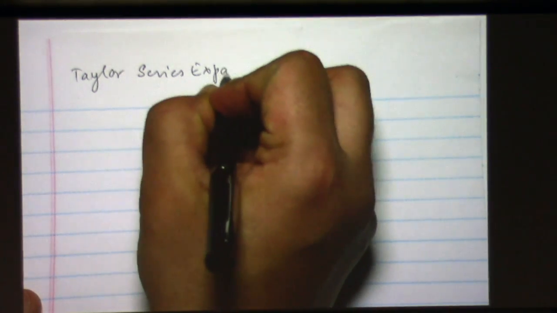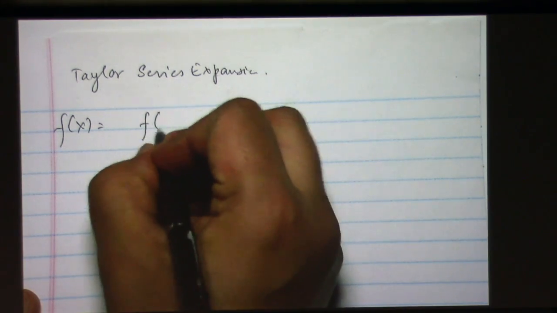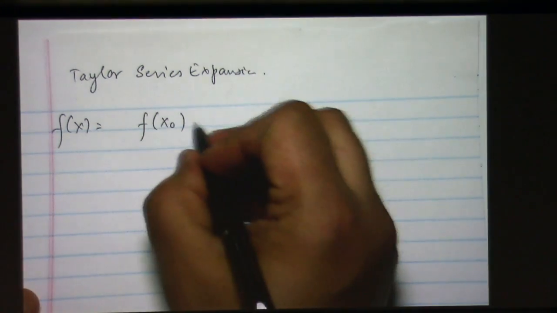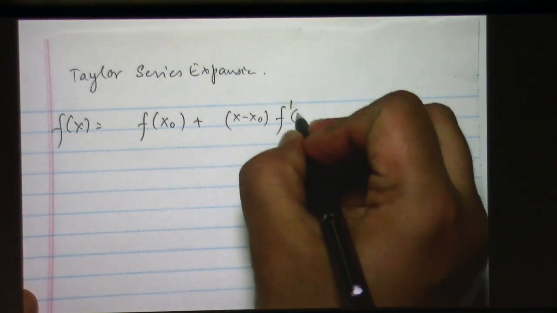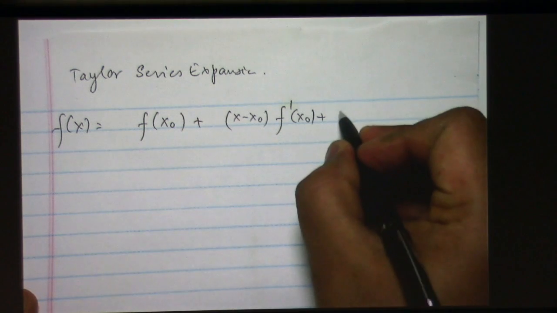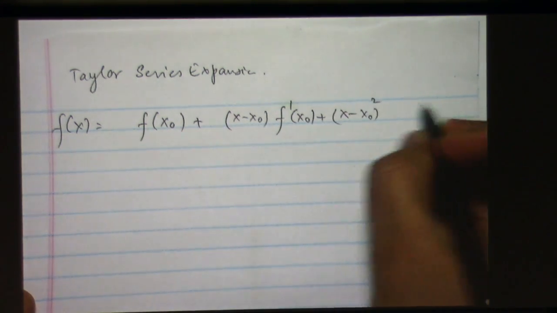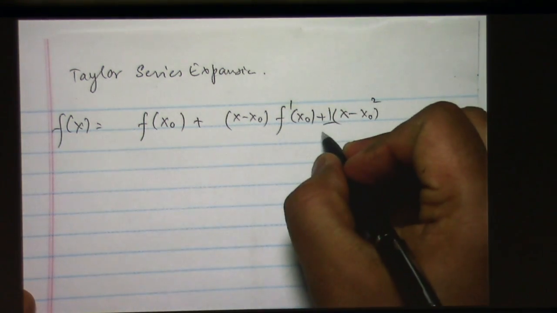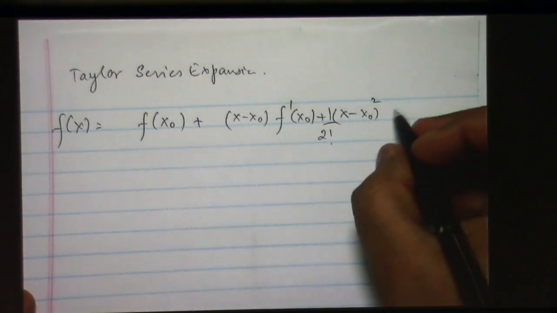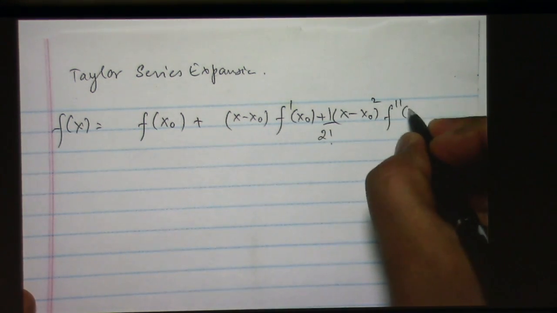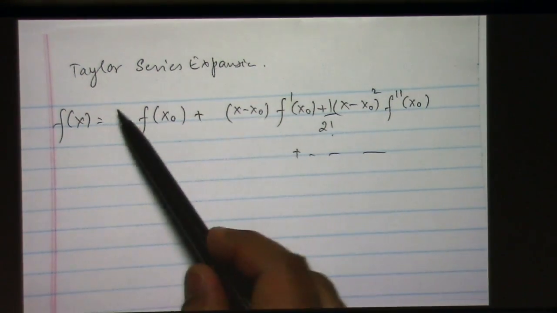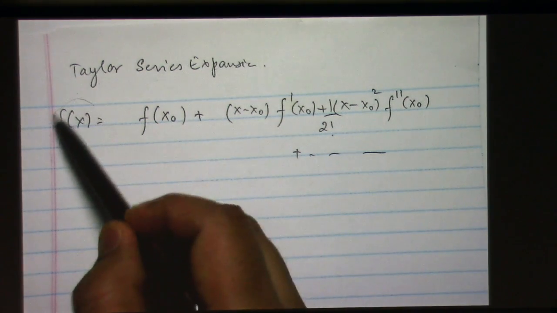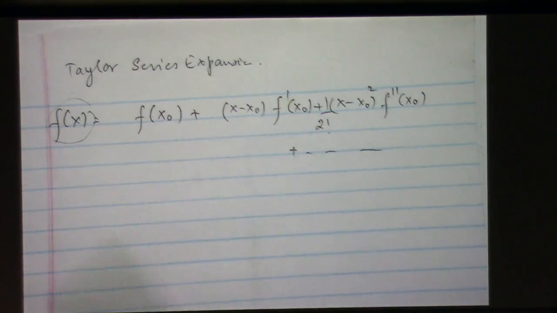If I have f of x, I can write it as f of x naught at any x naught, plus x minus x naught times f prime at x naught, plus x minus x naught squared, and there's a 1 over some factorial that starts coming in, times f double prime at x naught, plus so on, till infinity. This is what Taylor said, that you can expand a function at any value like this.